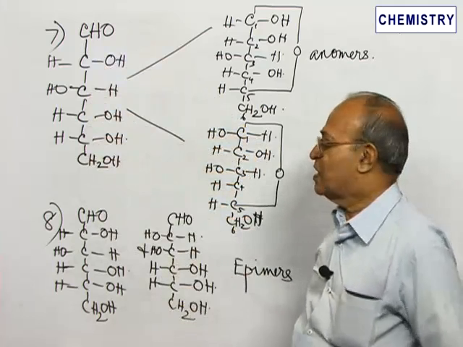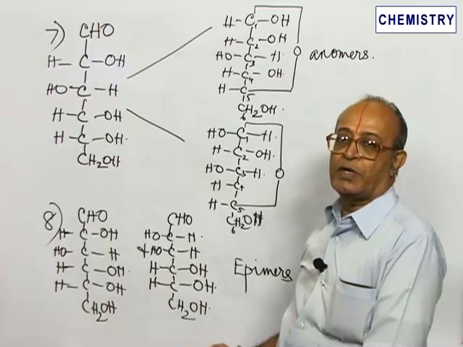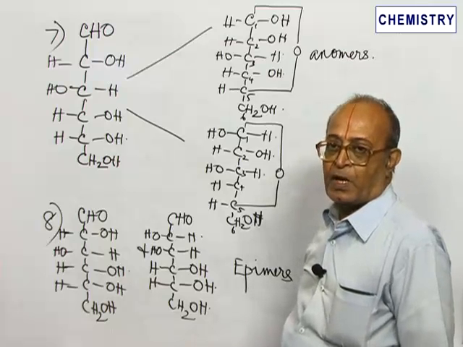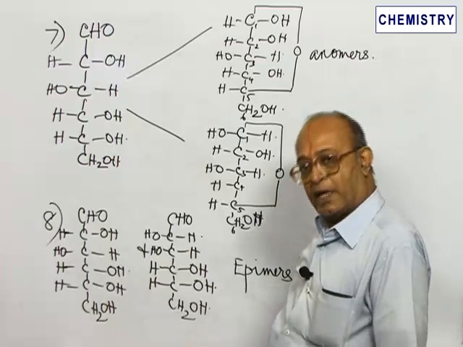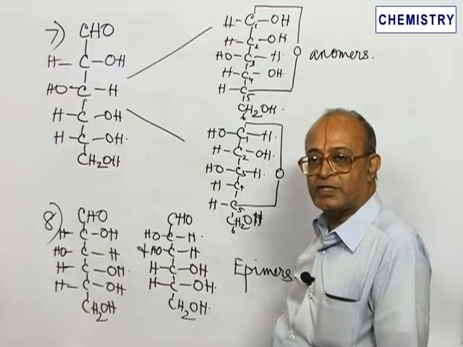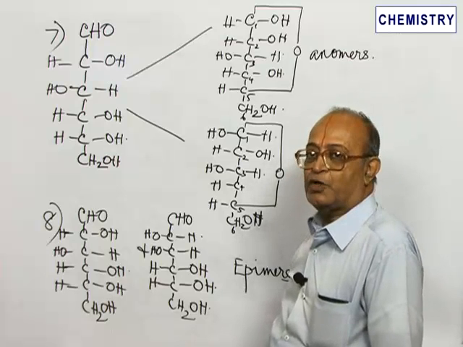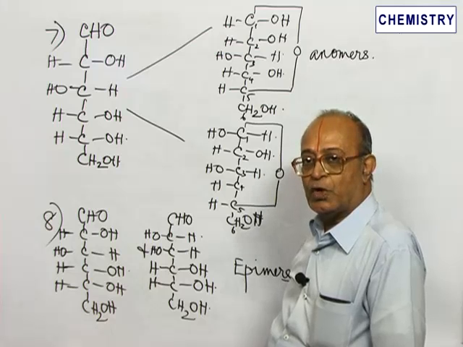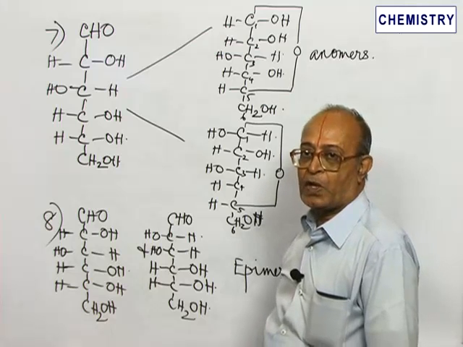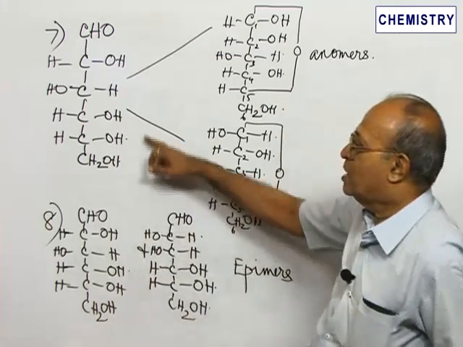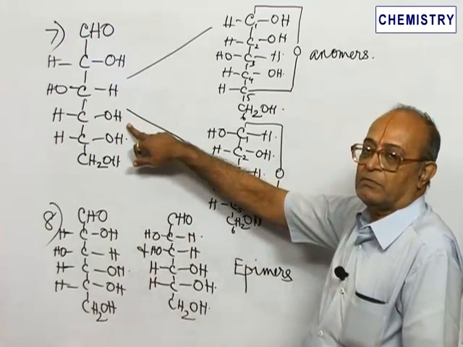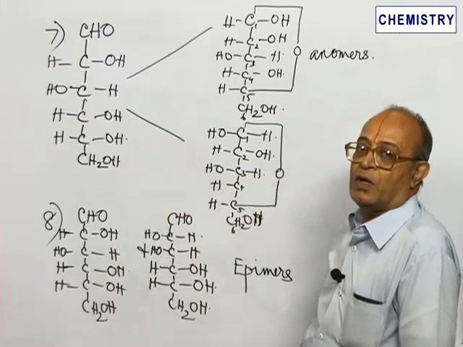If a keto group is present, then again that molecule containing 6 carbons means it will be a ketohexose. Now, for example, this is the glucose molecule.